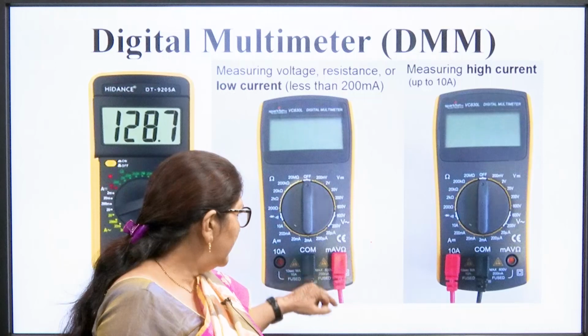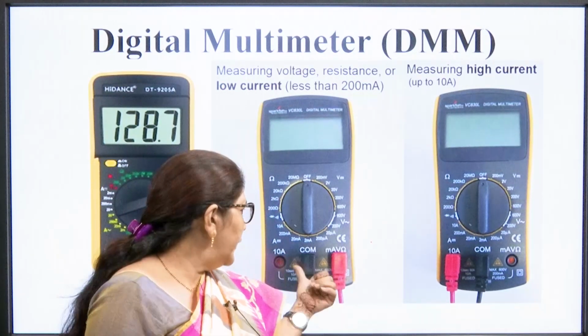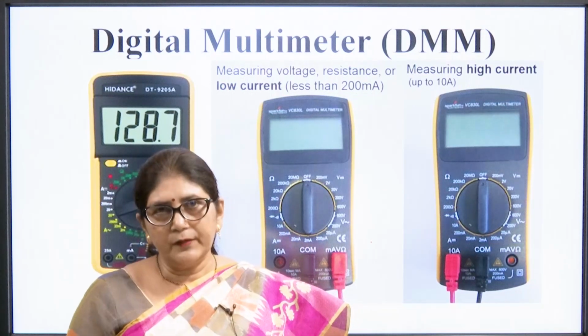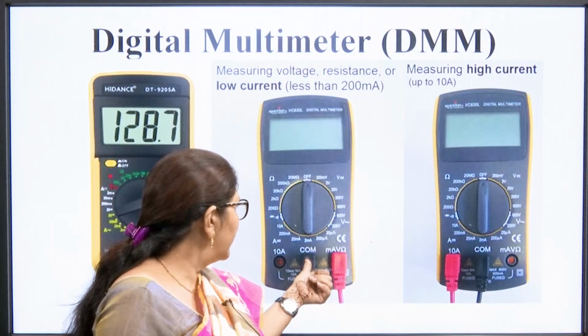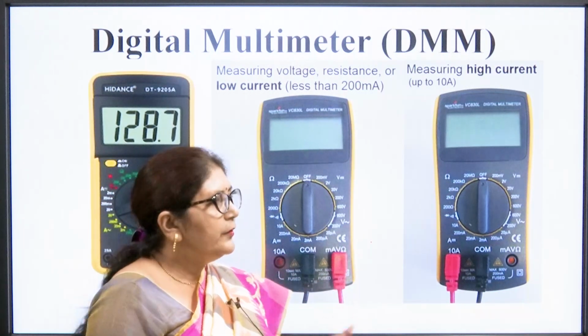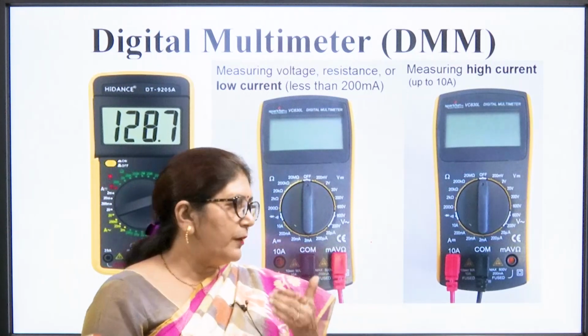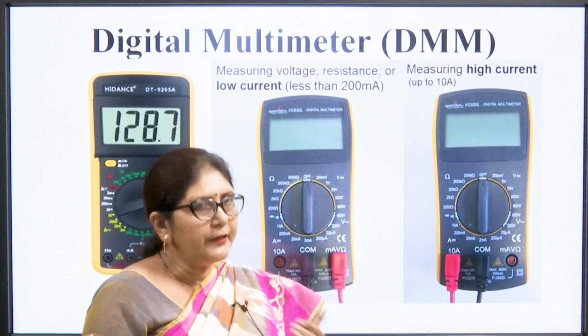Generally the red lead is used for the unknown signal quantity, and the black lead is used for the common, that is, for grounding purpose. So, we have put the black at the common terminal and the red at this position, and again, as I have told, we will always measure any quantity by putting the knob at the highest position.